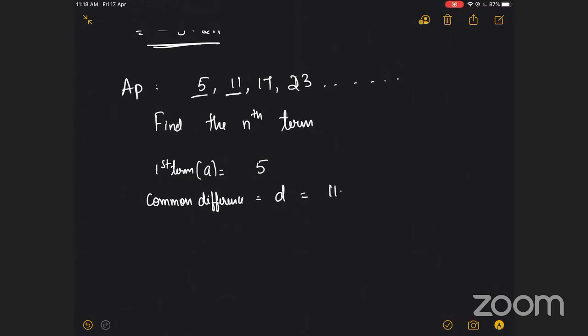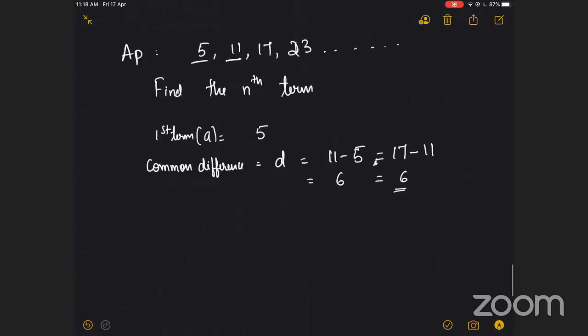That is 11 minus 5. Sorry guys. 11 minus 5, which should be equal to 17 minus 11. So 11 minus 5, can I say that it is 6, and 17 minus 11 also is 6. So can I say the common difference is 6 now? So D is equal to 6.